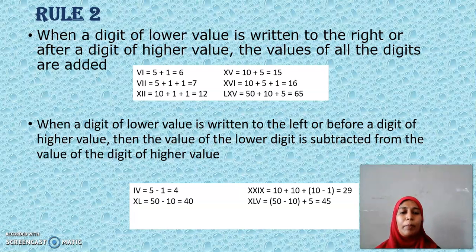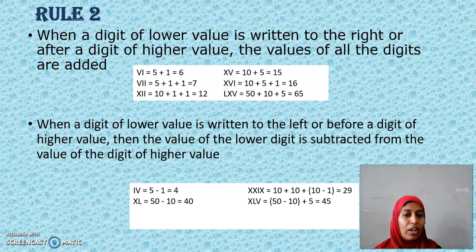In the next example, XXIX. Now I translate it into Hindu-Arabic numeral. X stands for 10, second X stands for another 10, I stands for 1, again X stands for 10.